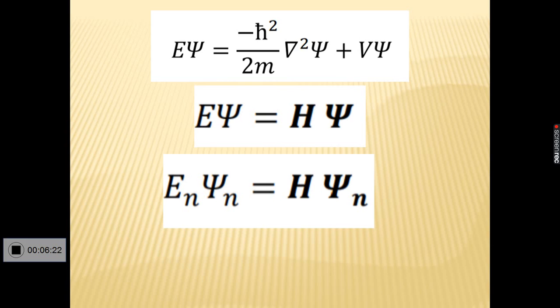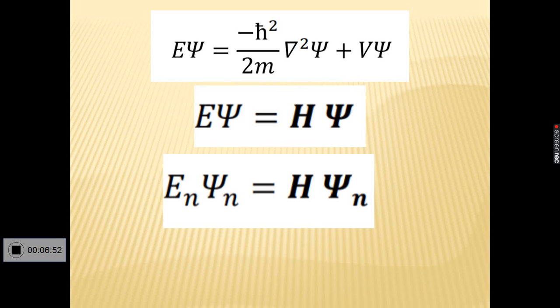When we solve the time independent Schrodinger equation, we get exact solutions only for certain discrete values of energy, and these energy values are known as energy eigenvalues, and the corresponding functions are known as energy eigenfunctions.